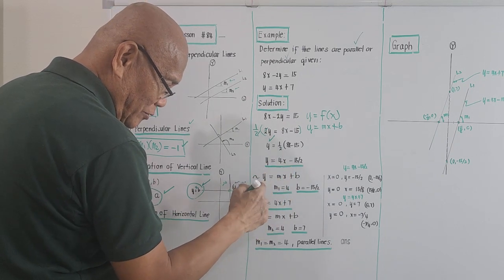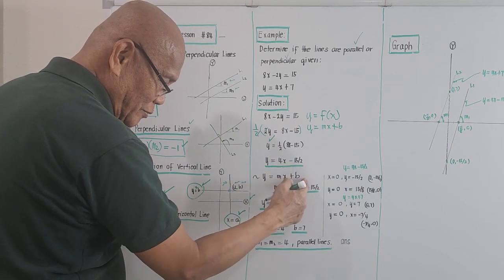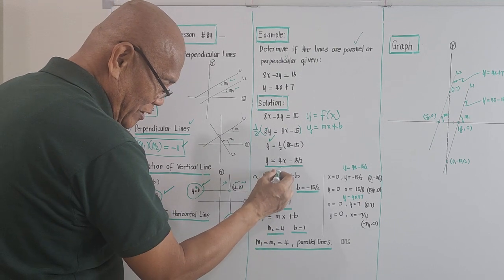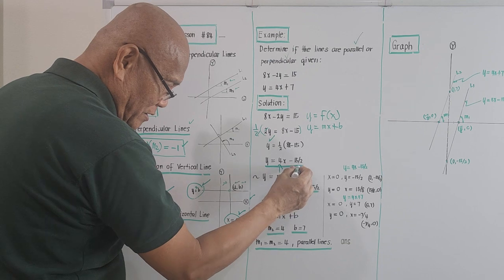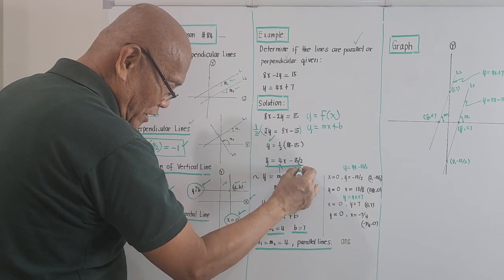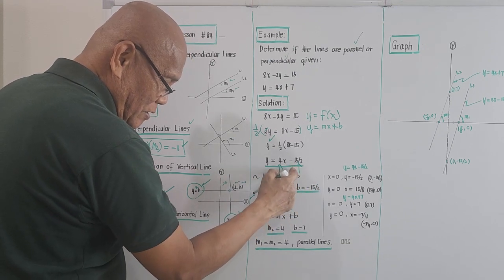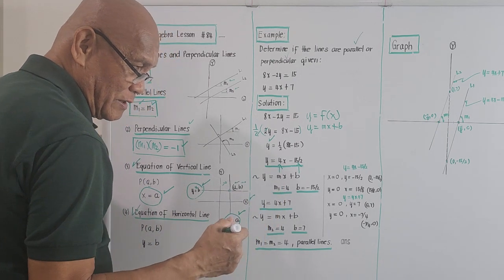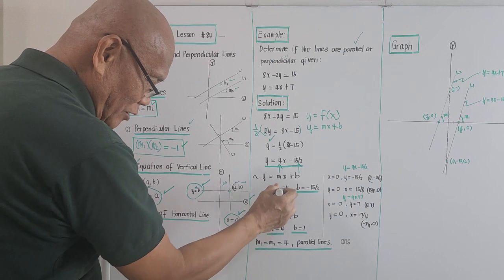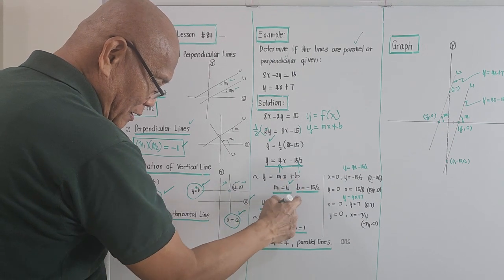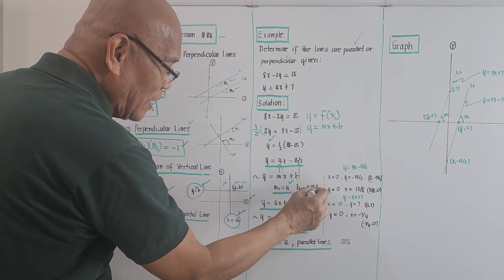So this is similar to the equation y is equal to mx plus b. So actually we correlate this one, m should be 4, and the y-intercept is actually b. So m1 is actually positive 4, and the y-intercept is actually negative 15/2.